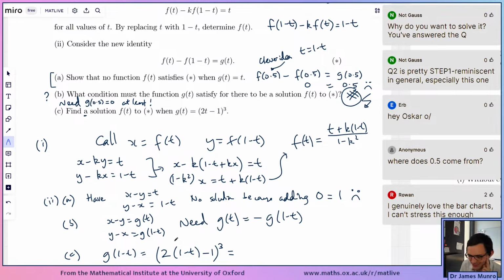When I multiply this by 2, I get 2, and I take off 1, and I get 1. And I also have minus 2t. Oh, and then the cube brings out 3 minus signs. 3 minus signs make a minus. So there's minus g of t. My goodness. Okay, so it obeys the rule that we were just talking about. g of t plus g of 1 minus t balances it out.